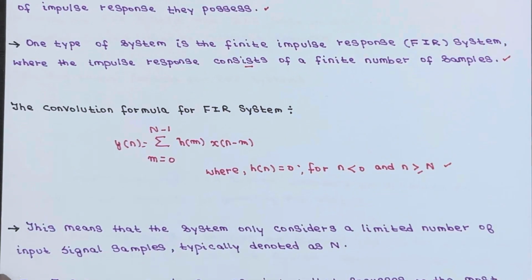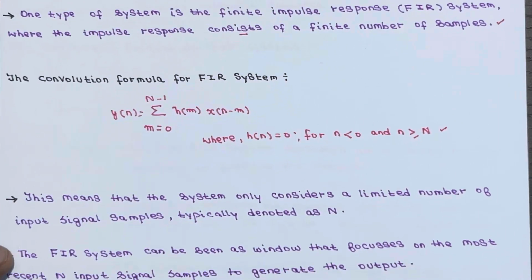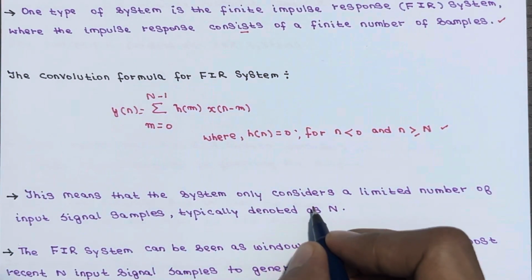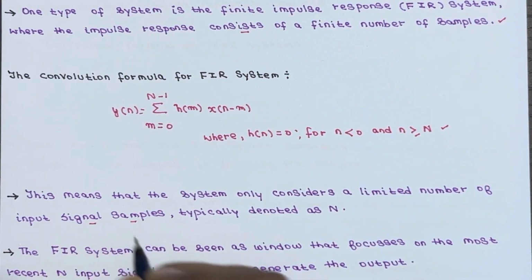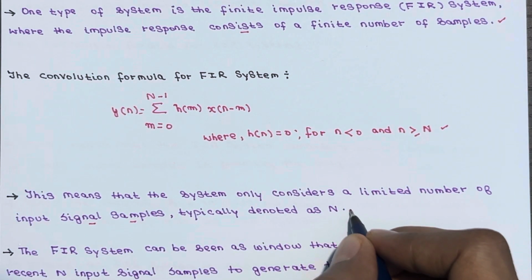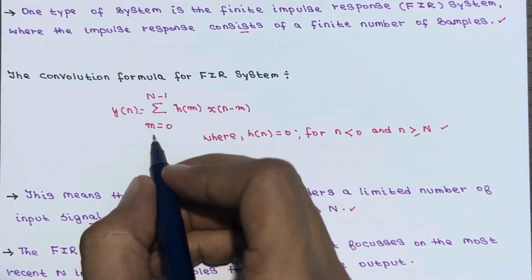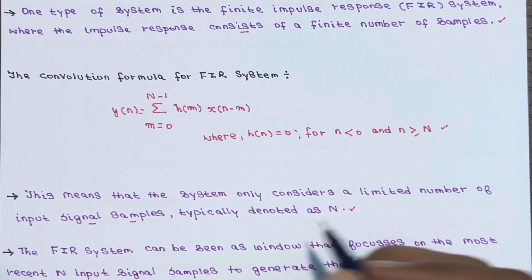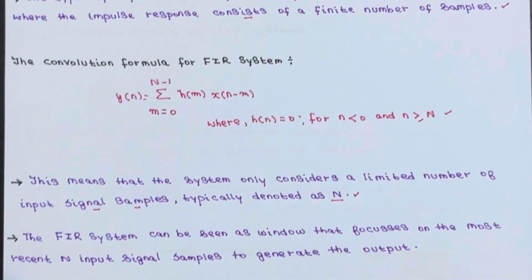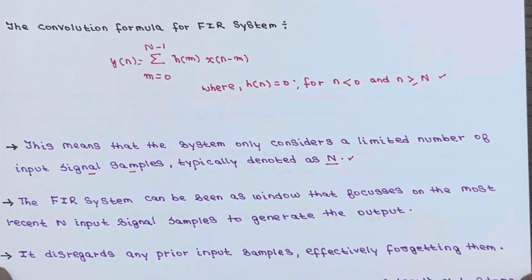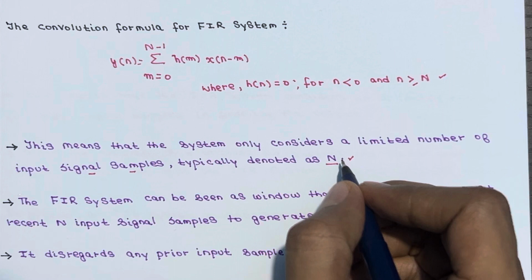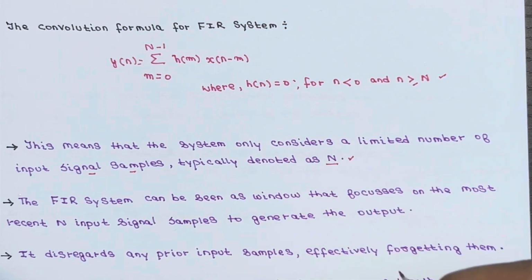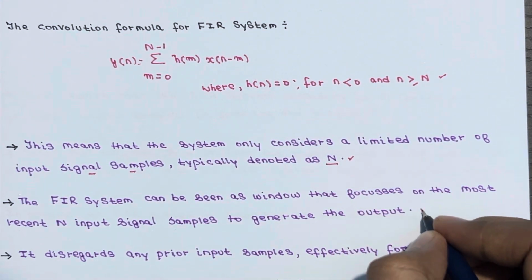This means that the system only considers a limited number of input signal samples, typically denoted as N, if you deal with 0 to N minus 1. So the FIR system can be seen as a window that focuses on the most recent N input signal samples to generate the output.